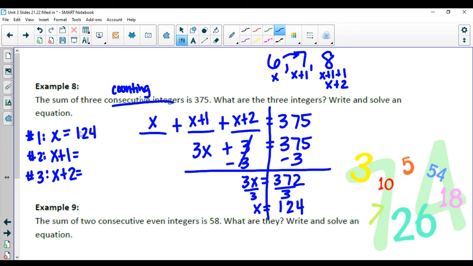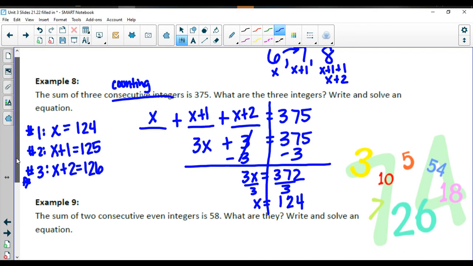So 124 plus 1, my next number is going to be 125. And what is my final number going to be then? Counting, you're going to add 1 more on or add 2 to where you started, so that's going to be 126. If we add those 3 together, we get 375.